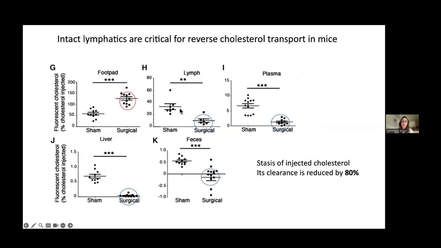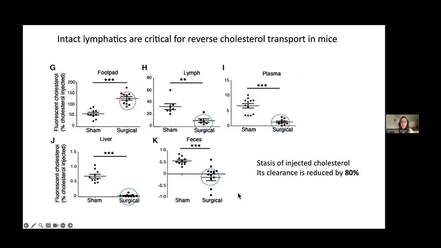As a consequence, the transport of cholesterol from the site of injection to the lymph, plasma, liver, and feces was significantly reduced. In fact, we show that the impairment of lymphatic drainage reduced this reverse cholesterol transport by 80%.